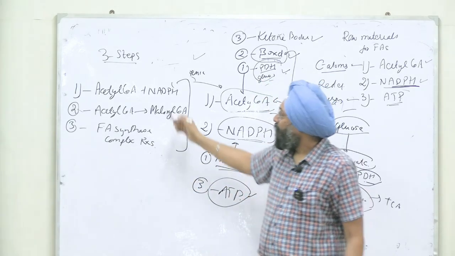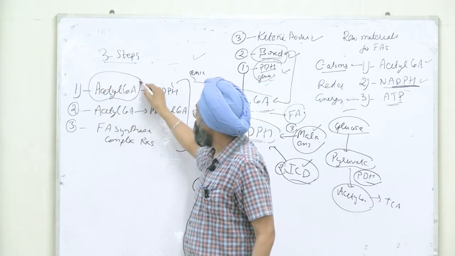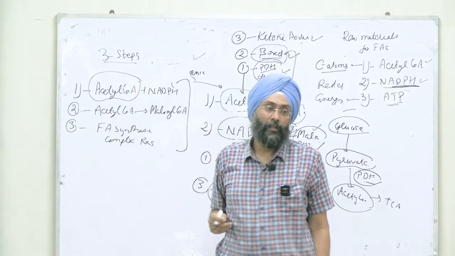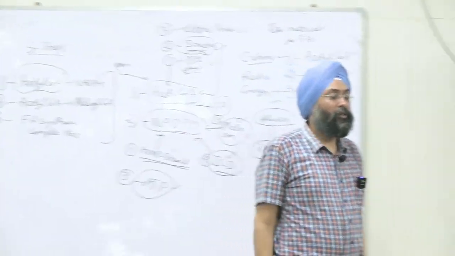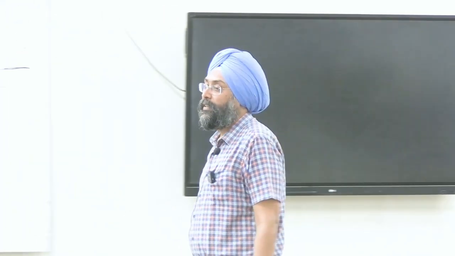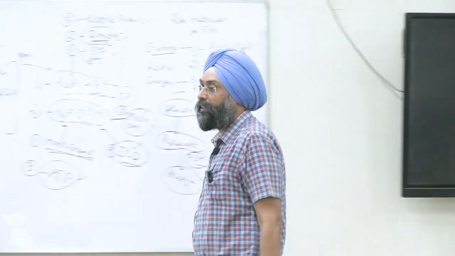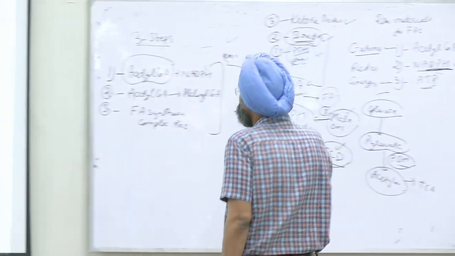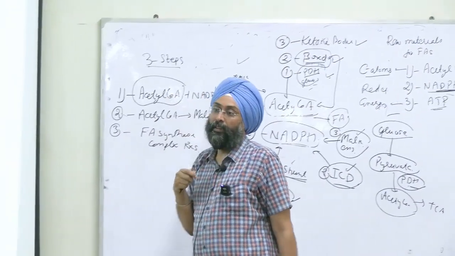Now this acetyl CoA, the first product. Where is fatty acid synthesis going on in the body? Organ is liver and cytosolic fraction of the cell, right? But this acetyl-CoA is in mitochondria.